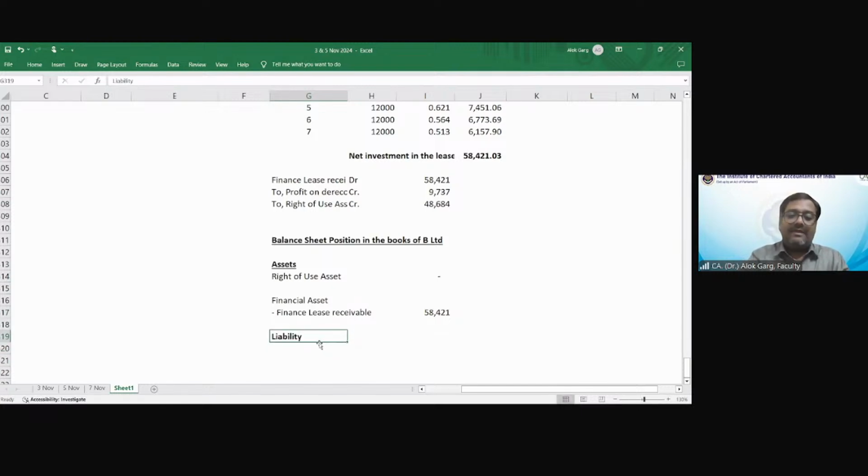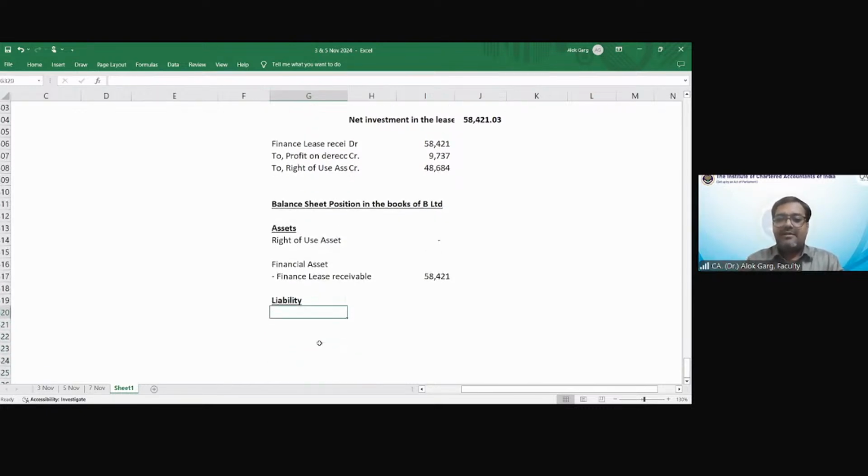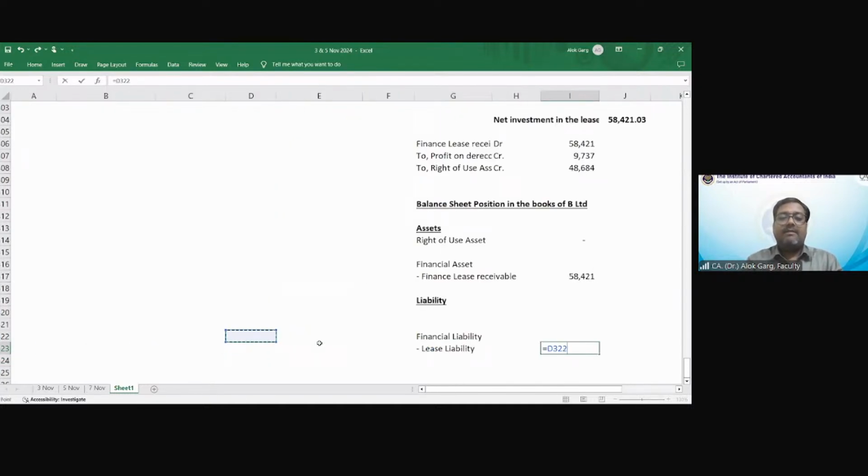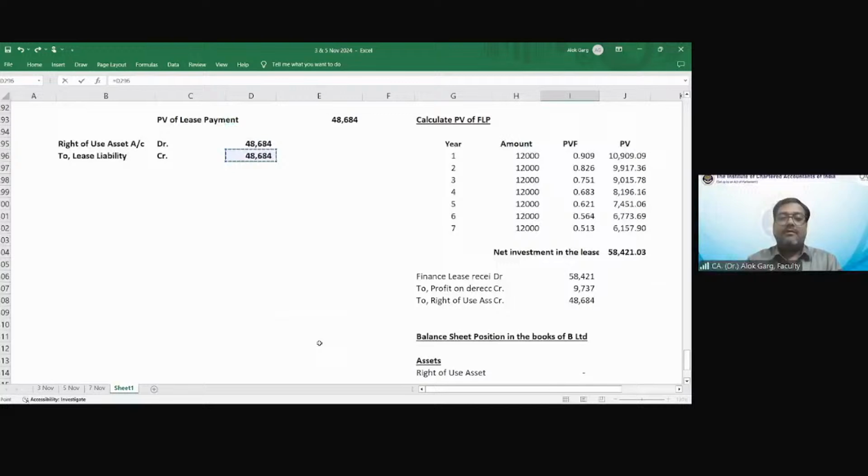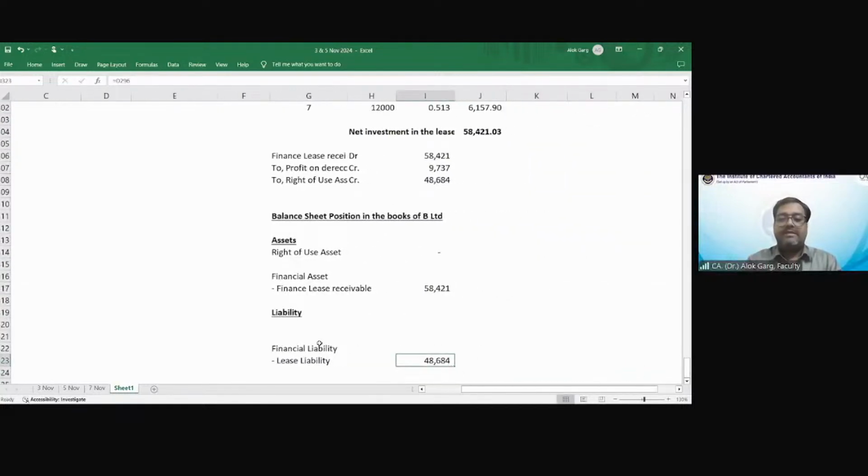Lease liability. Yes, because B has to pay at 10,000 per year. So there is a financial liability. The asset is derecognized, the liability is not derecognized. How much is the lease liability? 48,684 is my lease liability.